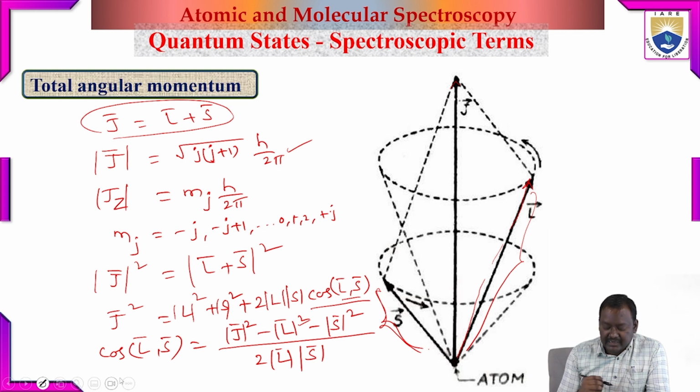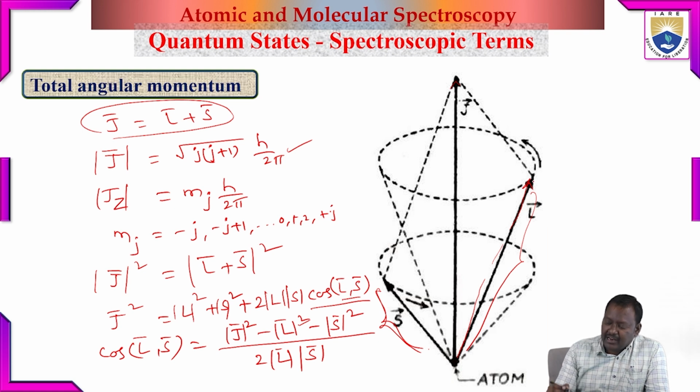So we can easily calculate the angle between the orbital angular momentum vector and the spin angular momentum vector. We will see how to calculate the angle between L and J, LZ and L, and S with examples in the next class.